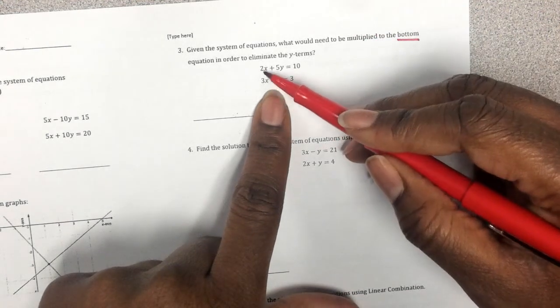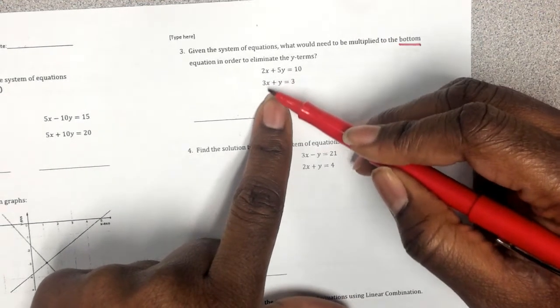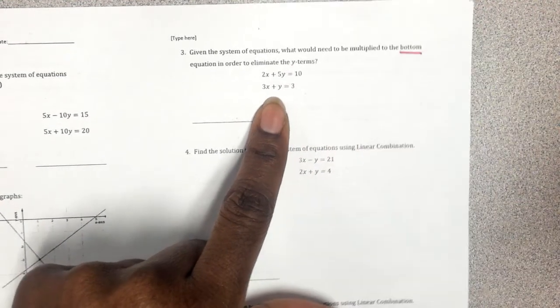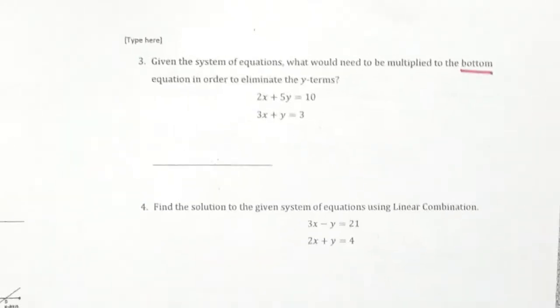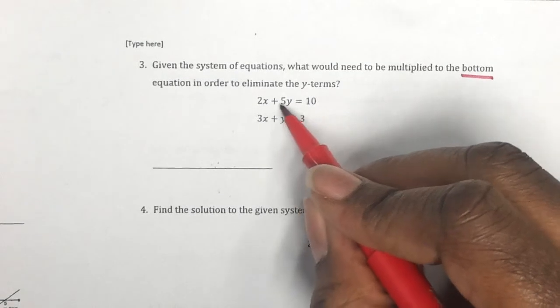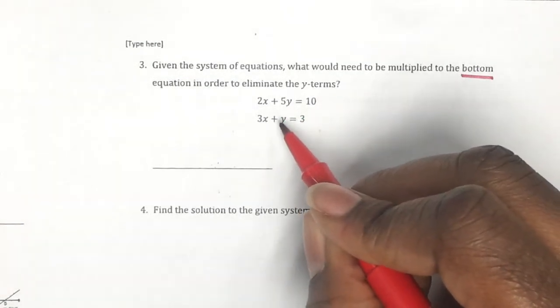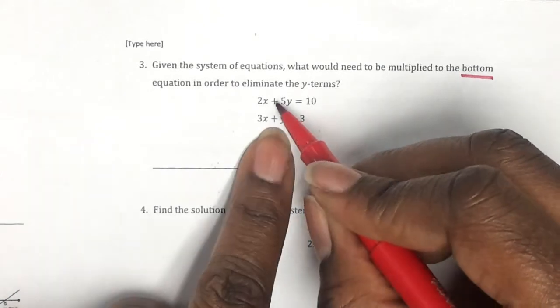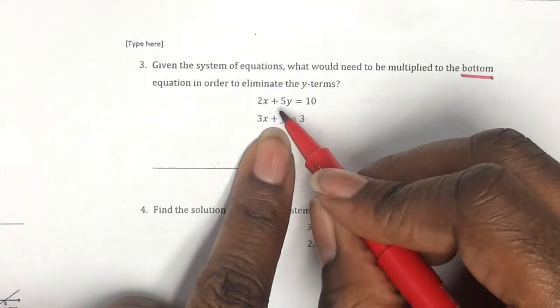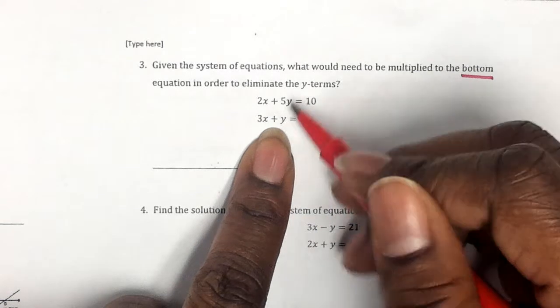And on this one, we're not going to be eliminating the x's. We're going to be eliminating the y's. All right? So figure out, if this is a positive 5y, what would this need to be to make it a 0 pair? It'd have to be the opposite of this, the same number but opposite, and the same variable. So number 3 should be easy.